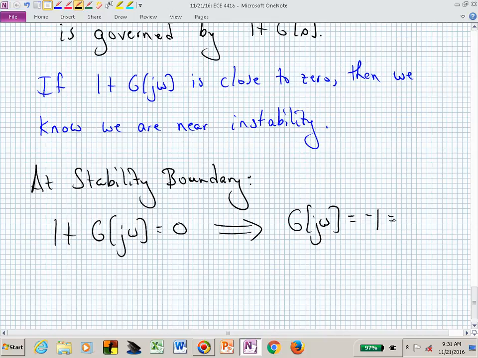Or, when is our magnitude 1, and where is 1 on a dB plot? What's the value of 1 in gain in dB? If we took 20 log of 1, it's 0 dB. So now we're looking at values of our Bode plot that have a value of 0 dB and a phase of minus 180.